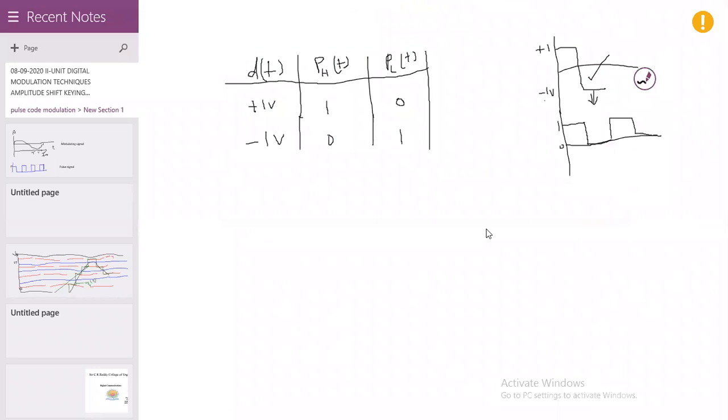You saw how we went from bipolar to unipolar. Now here we can generate the BFSK signal. Generation of BFSK signal, please note down. BFSK signal generation is nothing but a transmitter. Here we use two balanced modulators in this BFSK generation.